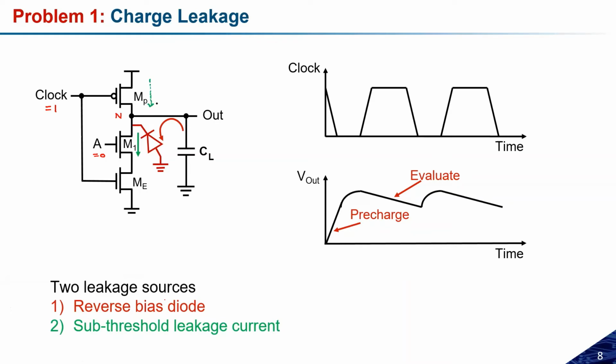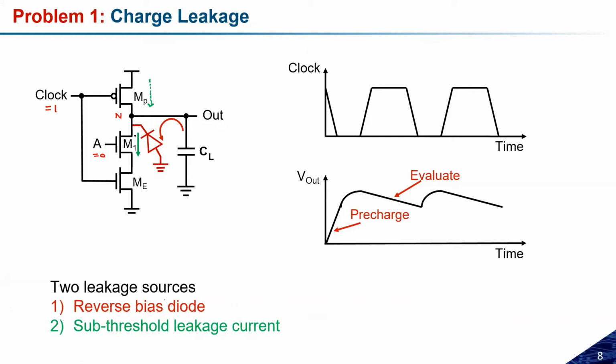But the thing is, if there are more transistors in the M1, effectively we need to increase the size of the pull down network to match the resistance with the MP. And if we have increased the size in the pull down network, the subthreshold leakage current will increase. And if the subthreshold leakage current increases, this subthreshold current will start dominating as compared to the MP subthreshold leakage current.